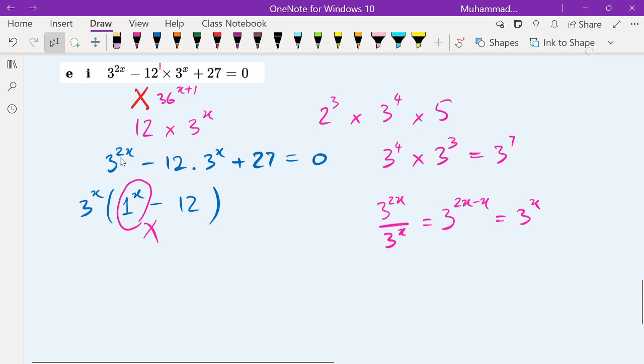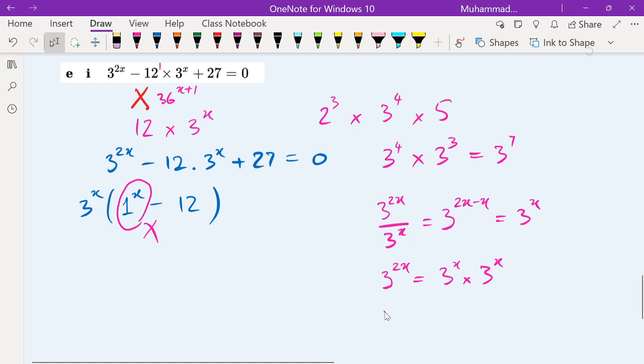This power 2x means that there were two of the 3 to the power x over here. Literally, 3 to the power 2x means there is a 3 to the power x times 3 to the power x. That's why the powers get added and give you 2x. So when you take one of them common, the other one is left out.